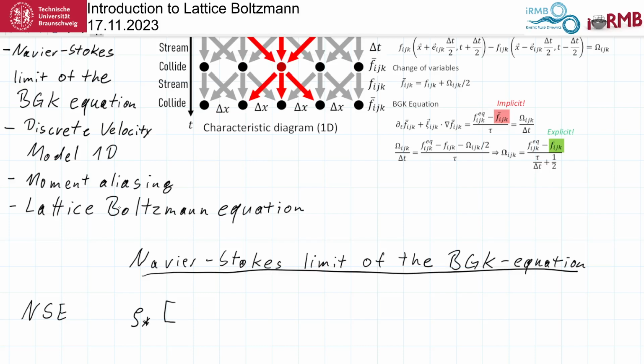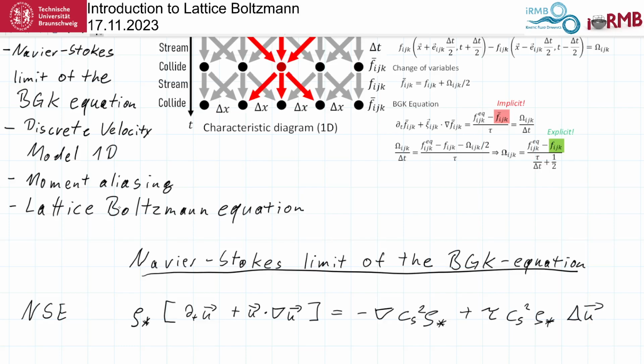And this was the time derivative of u plus u times nabla u, and this is equal to minus the gradient of cs squared rho asterisk plus tau cs squared rho asterisk and the Laplace operator applied on u. So this is the Navier-Stokes equation.